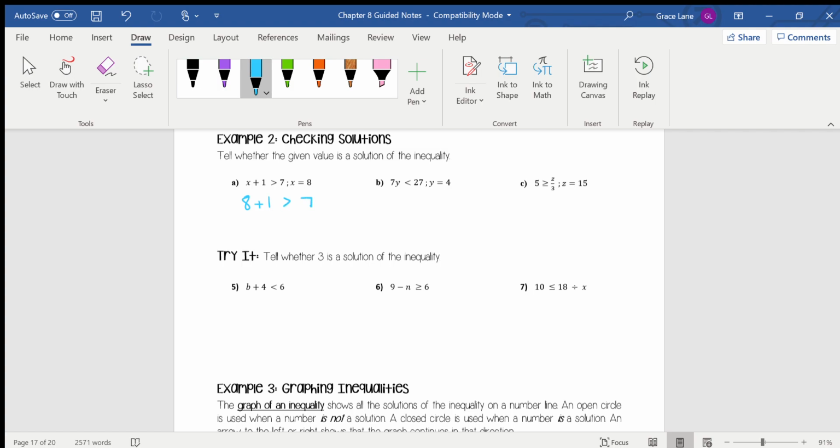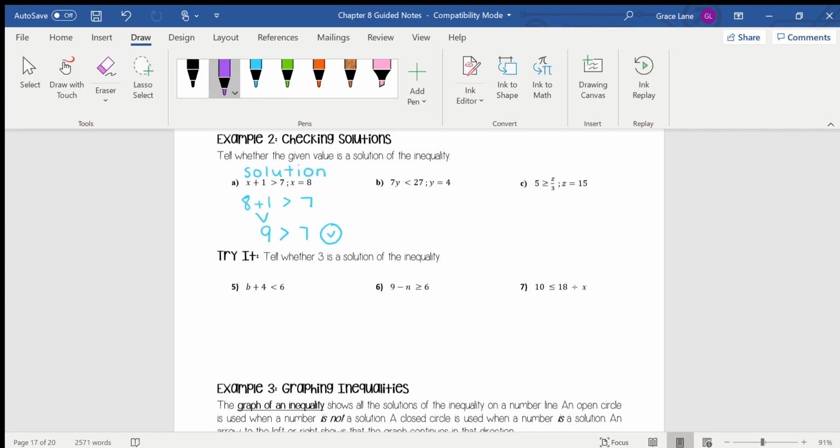Is that a true statement? If you work out the left side, 8 plus 1 is 9, greater than 7. Is that true? It is true, so yes, this is a solution.